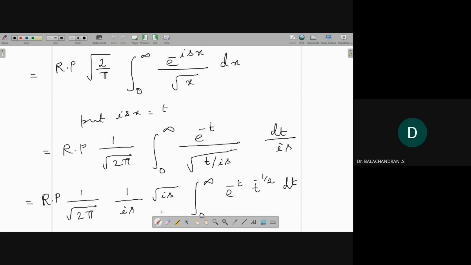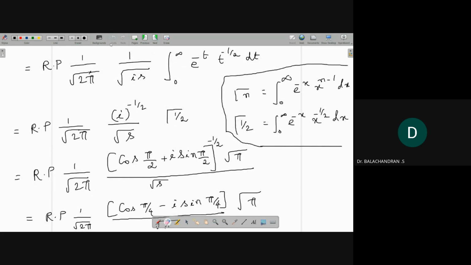Similarly here, root of 2 by pi. So here also root of 2 by pi. Here root 2 by pi.